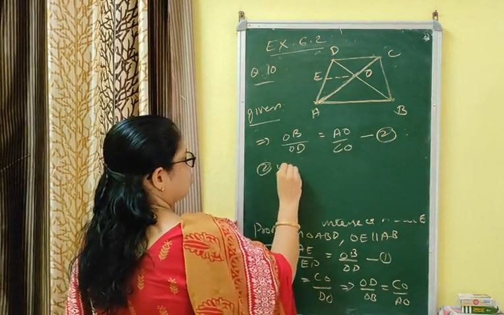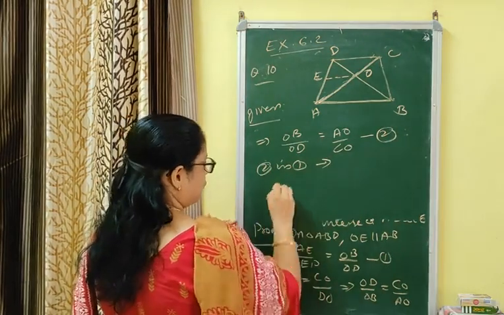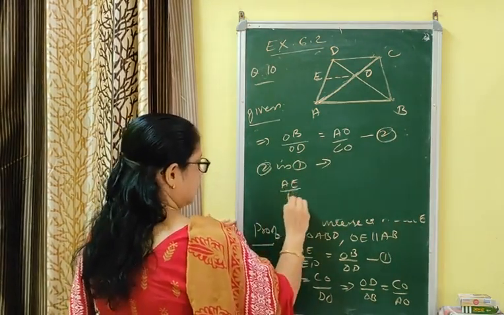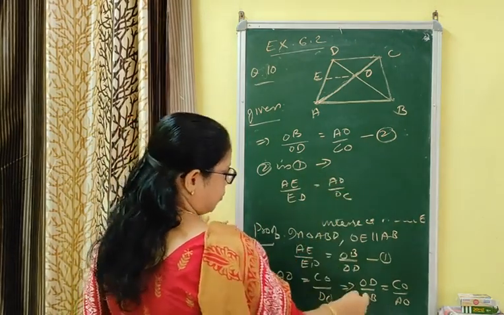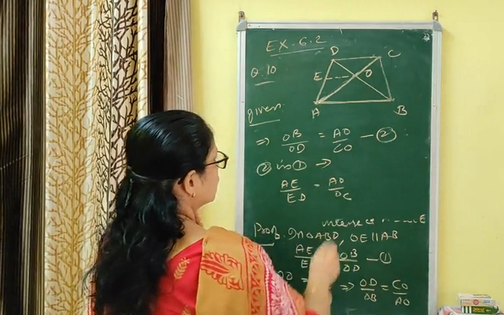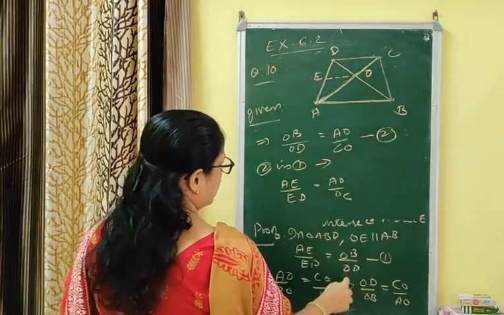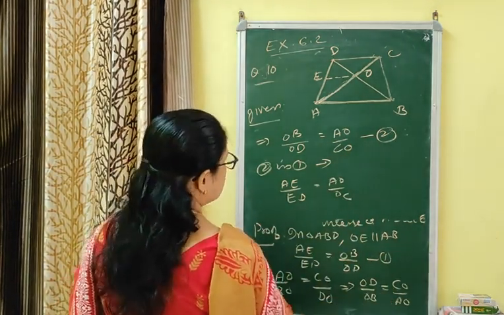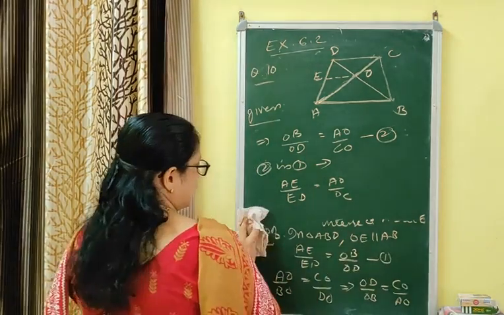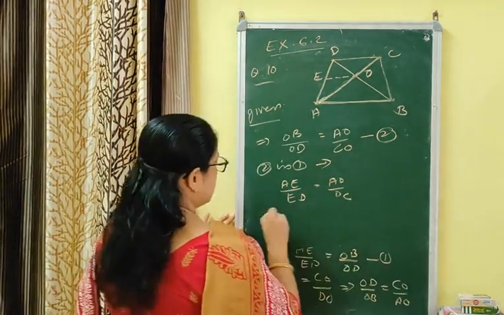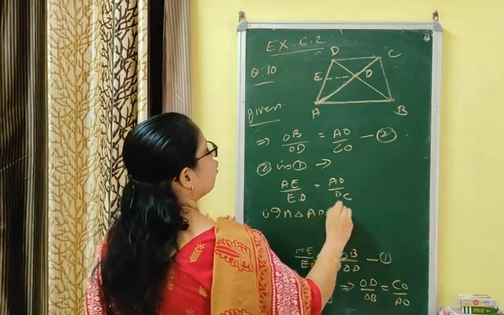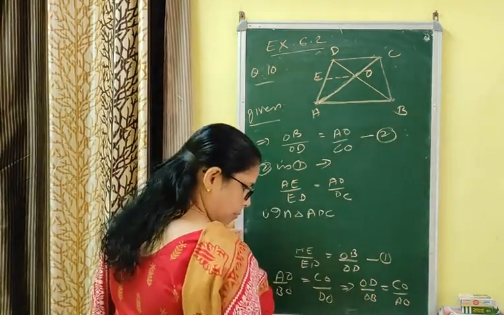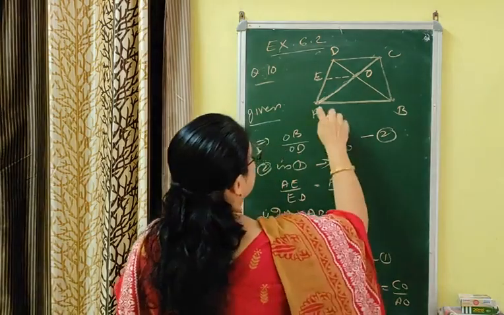Now apply 2 in 1. By putting 2 in 1, you will get AE by ED is equal to AO by OC. We put 2 in 1, that means in place of OB by OD we wrote AO by OC. That implies, in triangle ADC, we have already taken ABD, now which triangle to take? ADC.